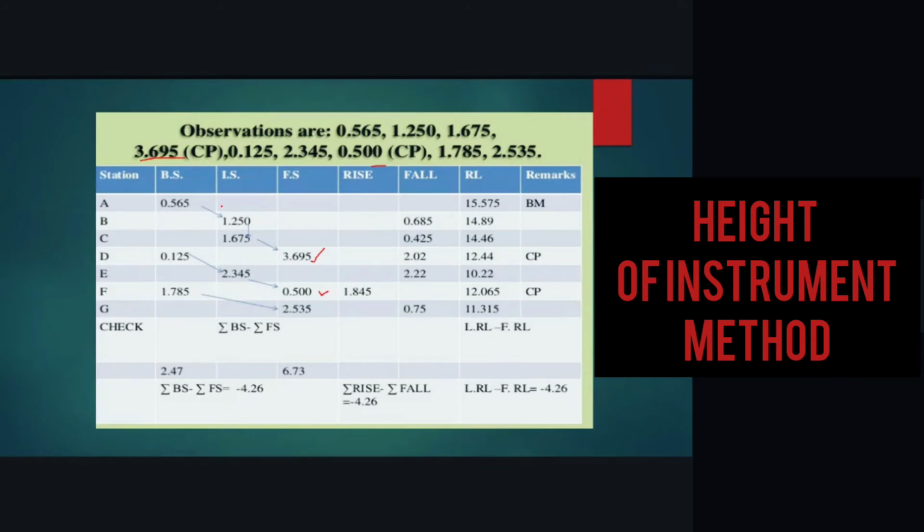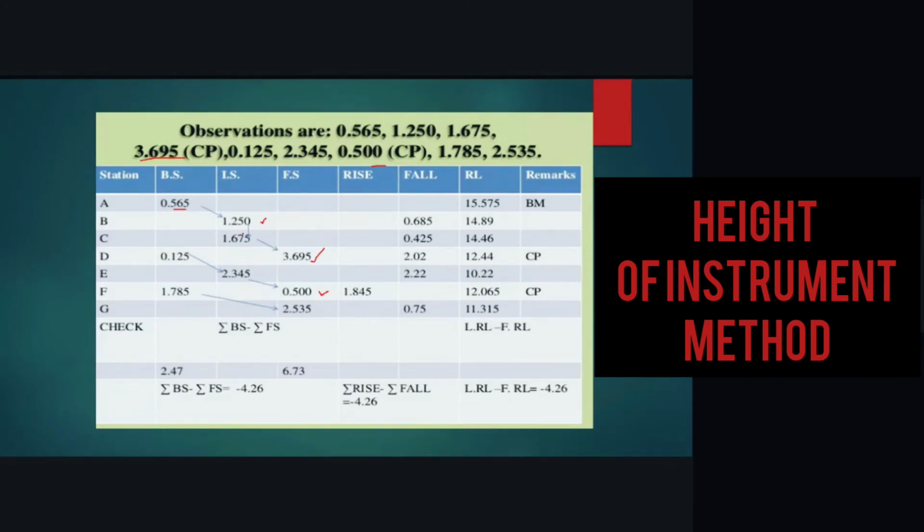So first of all, what you have to do is move in the direction of the survey. So for the first reading, it will be 1.250 minus 0.565. If you subtract both of them, you will get 0.685. So you have to subtract 0.565 minus 1.250. If you subtract both of them, you will get a negative value, that is 0.685.